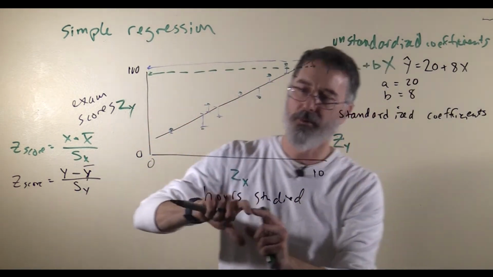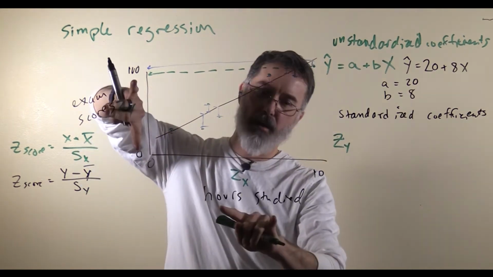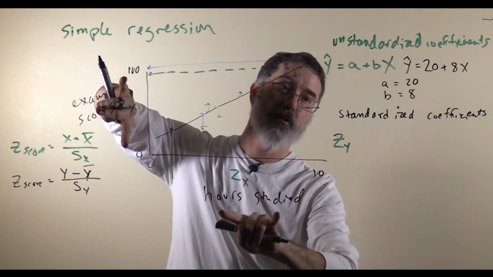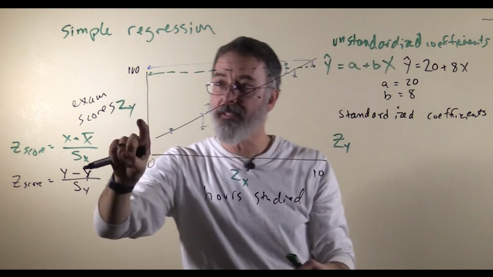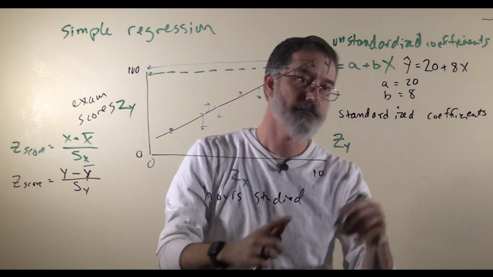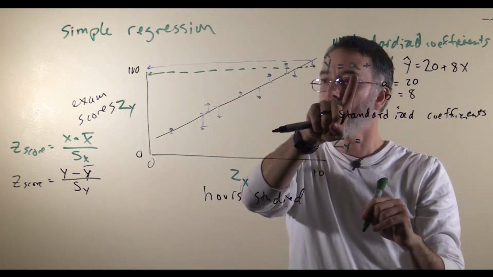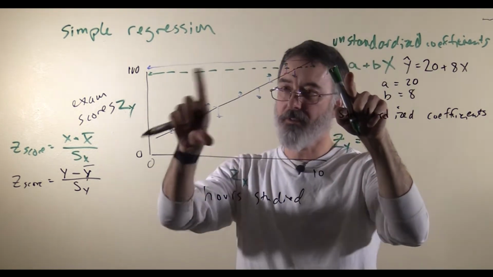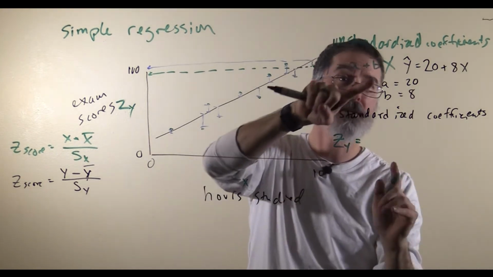But now what we're doing is transforming our predictor variable and our outcome variable before we're running our regression. And if you do that, what we're predicting now is a z-score for y. And there's always an intercept, but in this case, once you've done a z-score transformation, the intercept is always 0, so that just drops out of the equation.